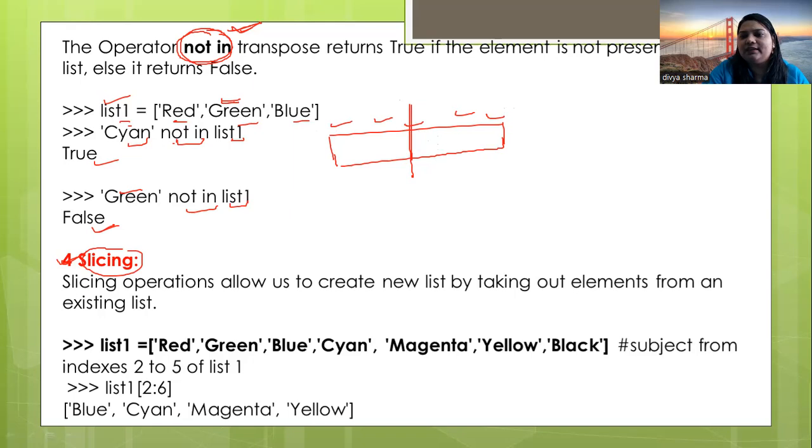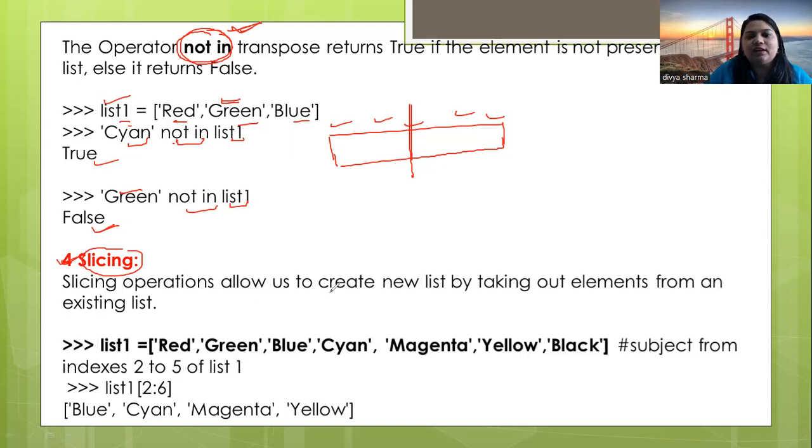So in case of Python, slicing means that if we have been given any list and we want to create a new list from that existing list, we have to slice, we have to extract data elements from that given list.